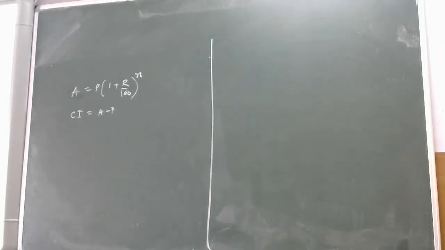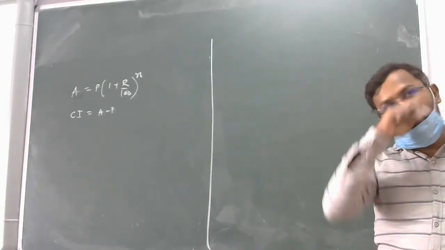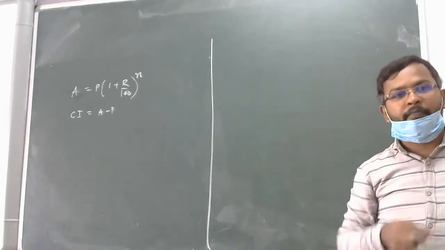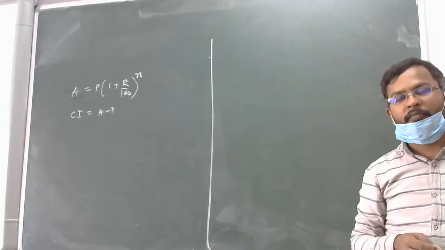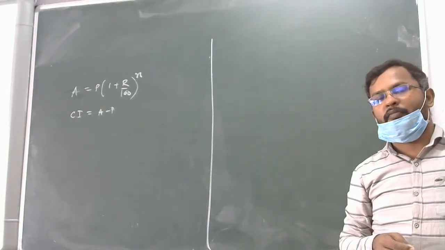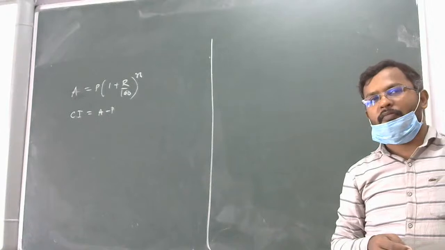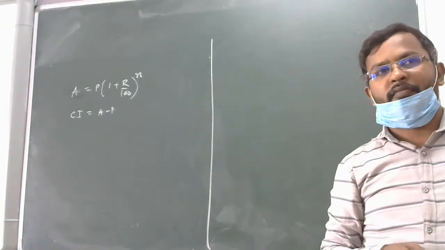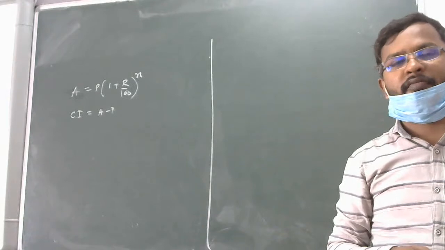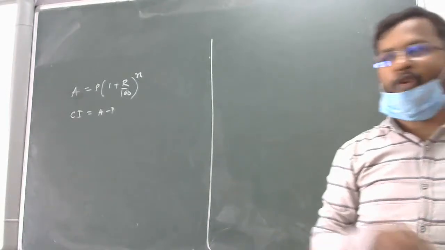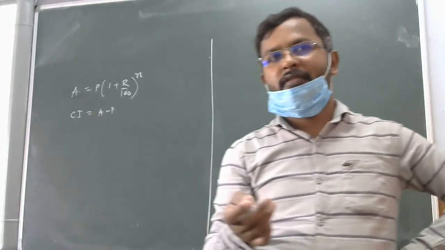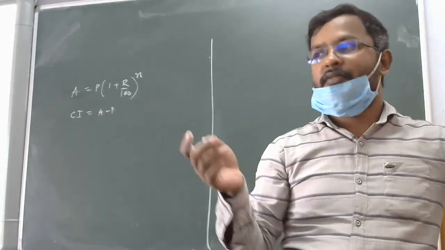How many of you know, raise your hand? Yes. The simple interest means the percent is fixed, and it will not be compounded like we do in compound interest. In compound interest, the amount which we get is compounded.